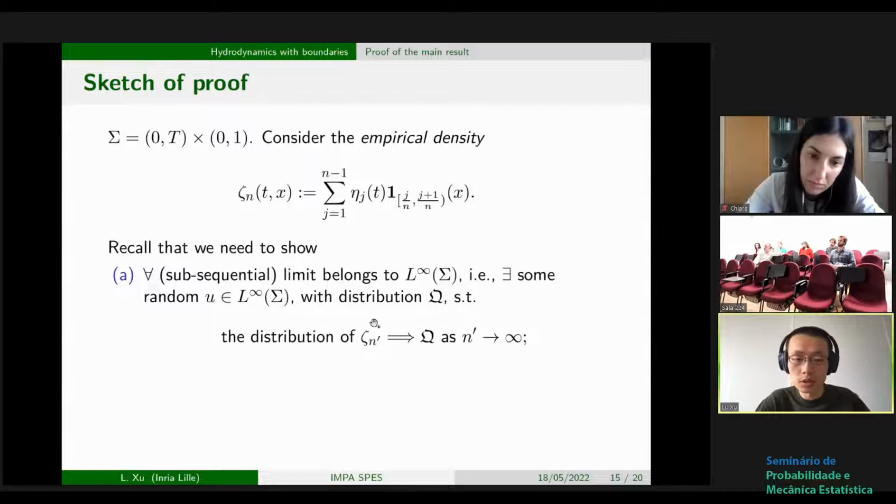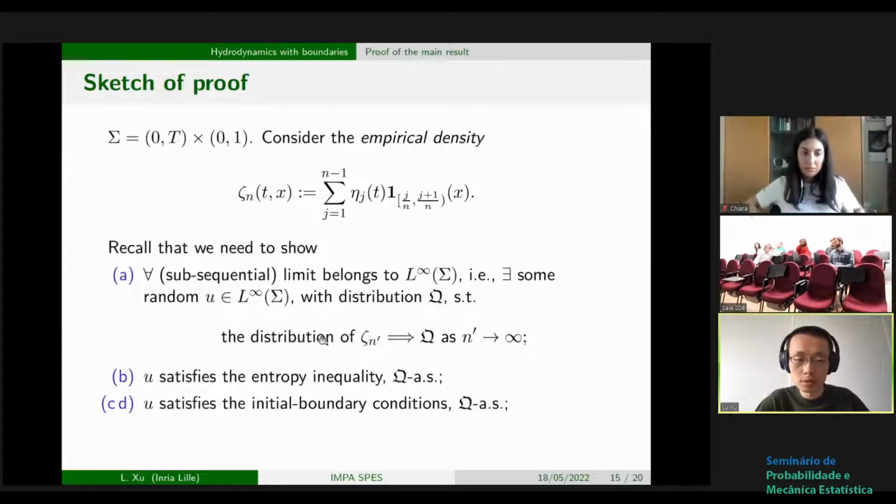So this means that I should find some random L infinite function U, which has a distribution Q, such that the distribution of this empirical density converges weakly to this distribution Q along this subsequence.